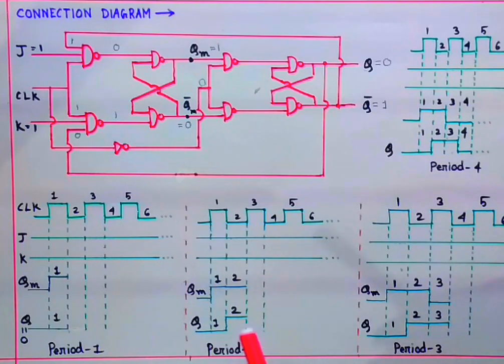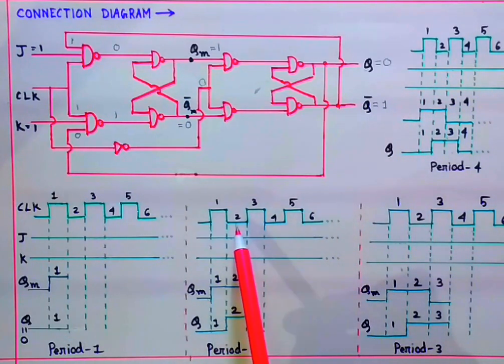I have written this period number 1 for your convenience, so that you can understand easily that at period 1 the output QM was 1 and the output Q was 0. Now what will be the output of QM and Q at period 2?